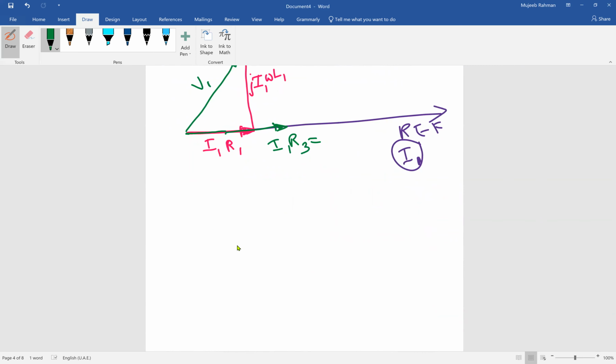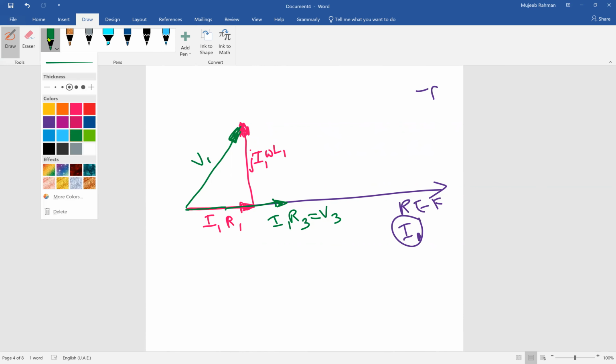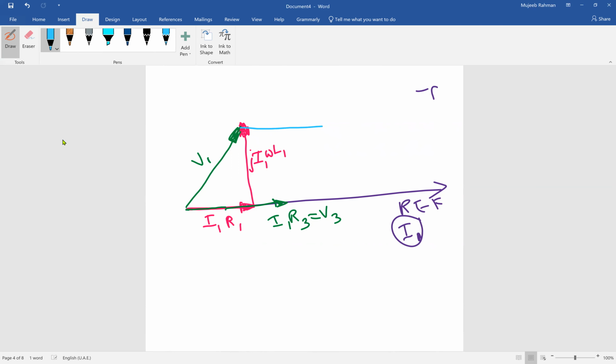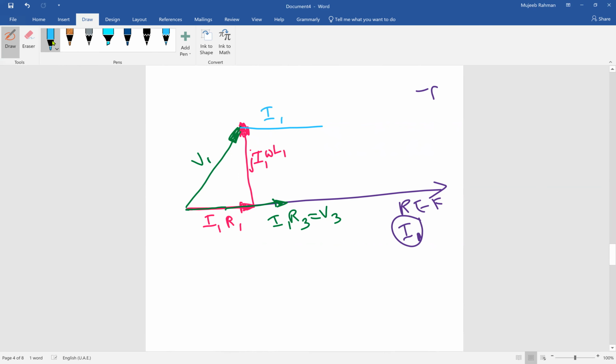Now we have to add V1 and V3 vectorially. To do that, we have to complete the parallelogram. So we are going to draw a parallel line, of length equal to I1 into R3.